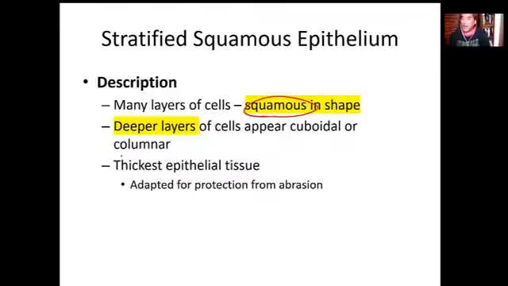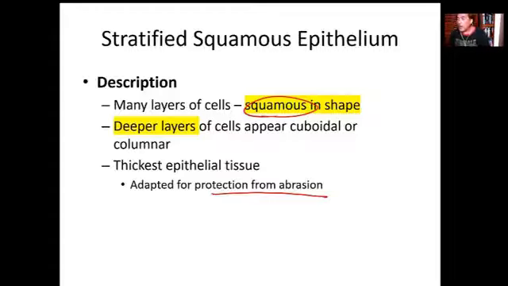And this is the thickest of the epithelial tissues, stratified squamous epithelium. That's the reason why it protects from abrasion. It protects from abrasion because I have multiple layers in the top layer of the skin, so if I hit it on a rough surface, I don't see a wound. I just scrape off the top layer.